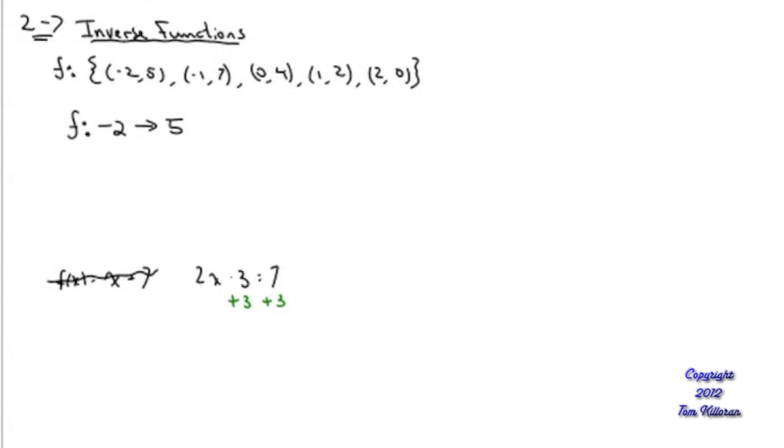Now stop here. What are these two called? Inverses. They undo what was done. Instead of taking 2 times a number and taking away 3, this will do the opposite of taking away 3, which is adding 3. So then you get down to 2x equals 10.